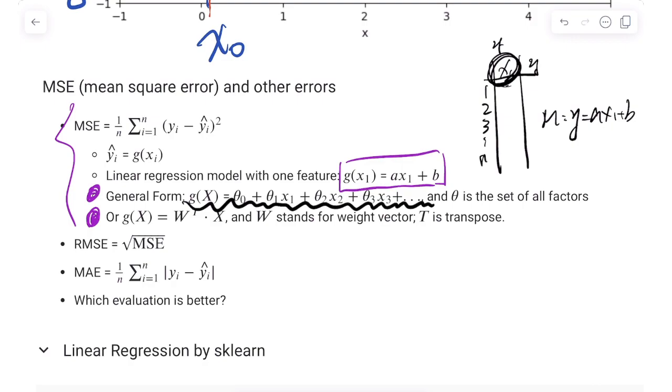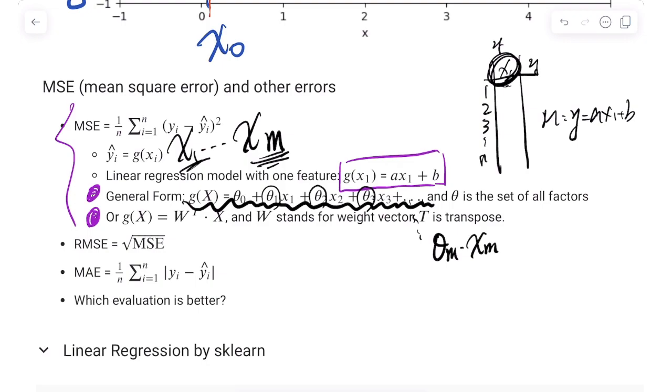Because for example, if we have m features, to create a linear model we need some parameters: theta 1 times x1 up to theta m times xm.